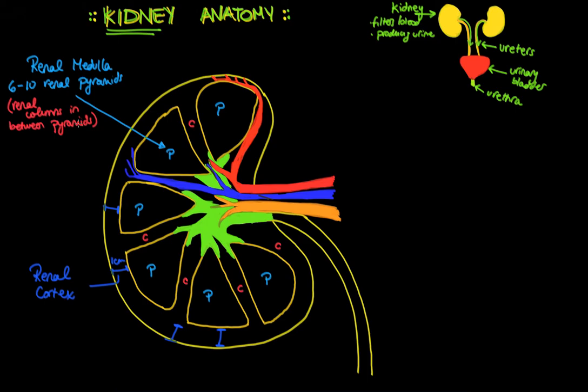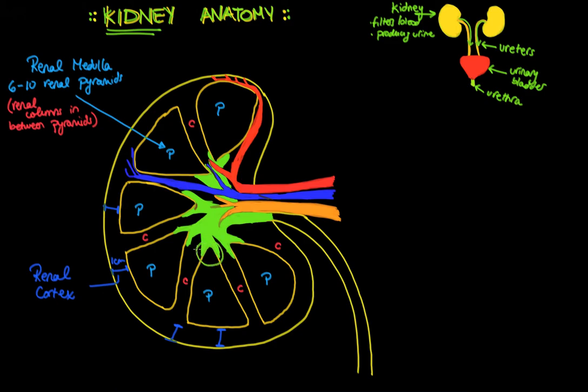Okay. Now the next thing that you'll notice is that I have those green funnel-like structures drawn at the base of every renal pyramid. And so each renal pyramid is actually nestled in a cup-like or a funnel-like structure, labeled in green here. And so these here are what we call the minor calyces, or minor calyx for singular.